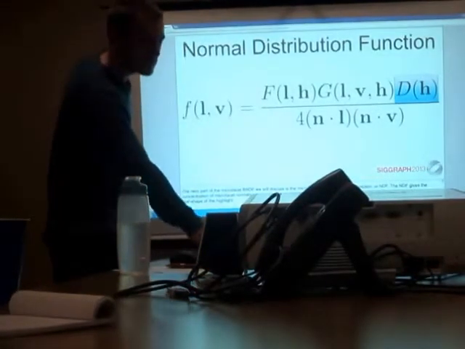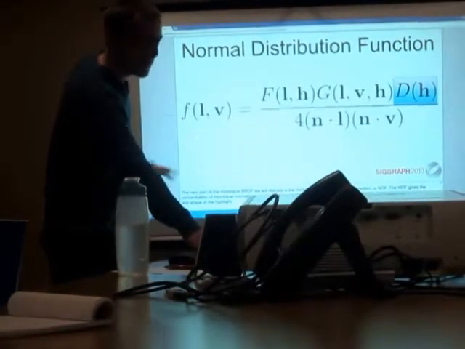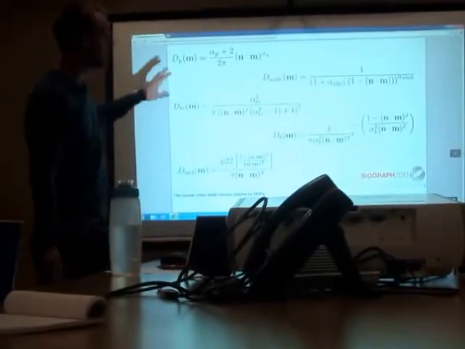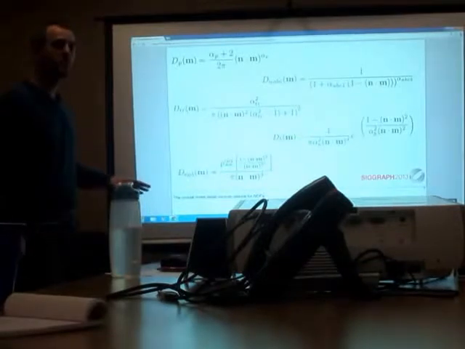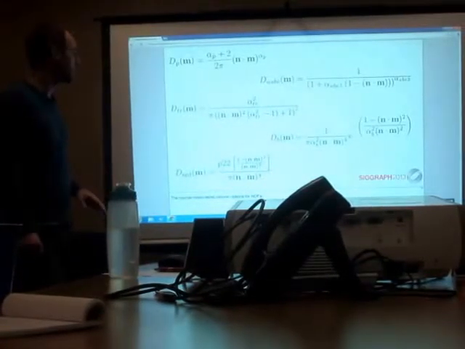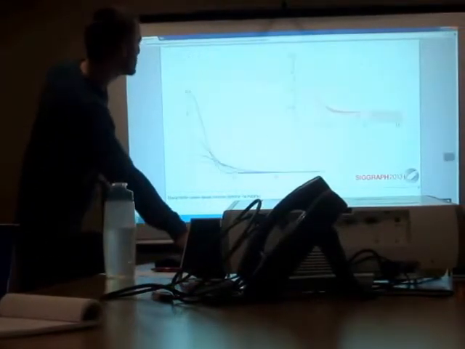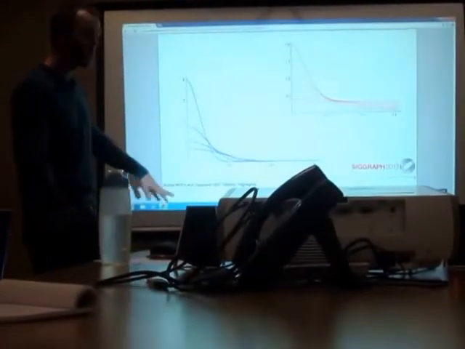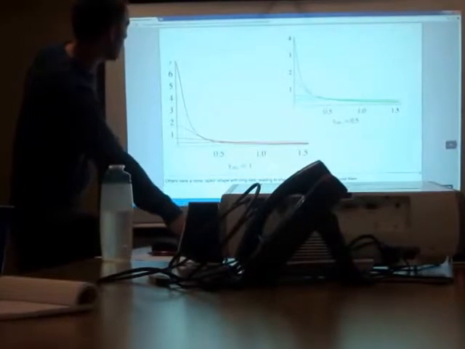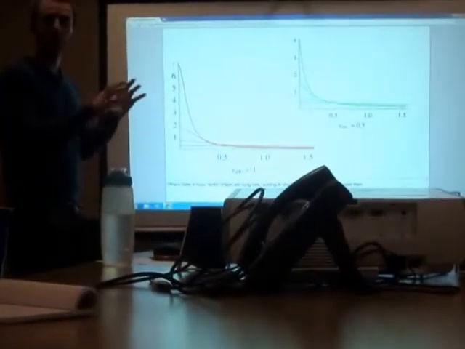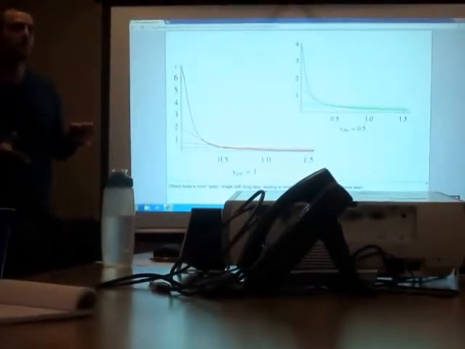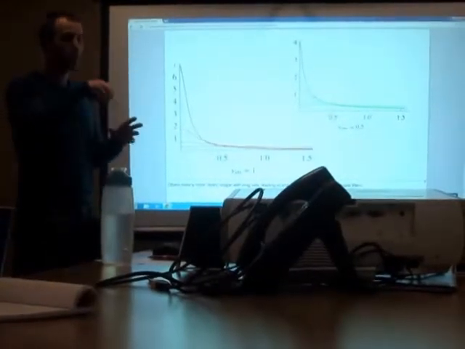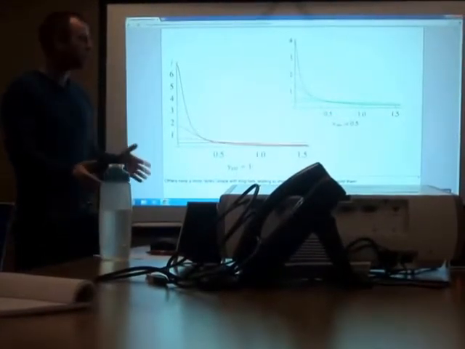Next, he talks about the normal distribution function. And that's another thing that you won't need to worry too much about. There's a whole bunch of different options. Everybody chooses a different one. Some of them are blobby, and some of them are not. This is the shape of the highlight. Do you want a sharp peak and a sharp falloff?